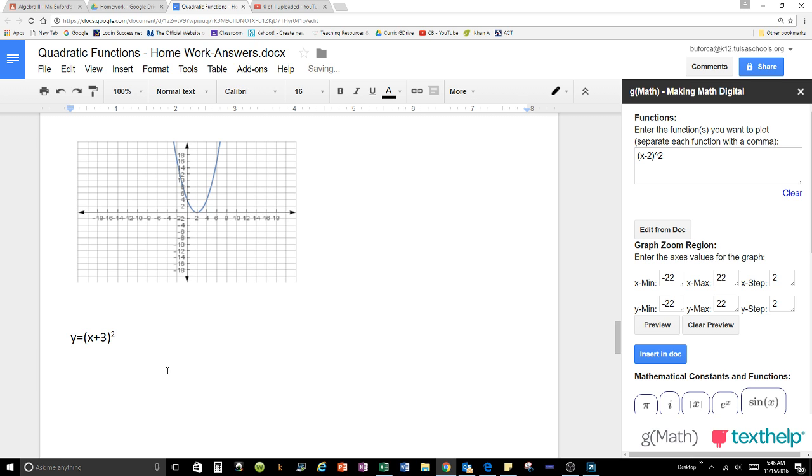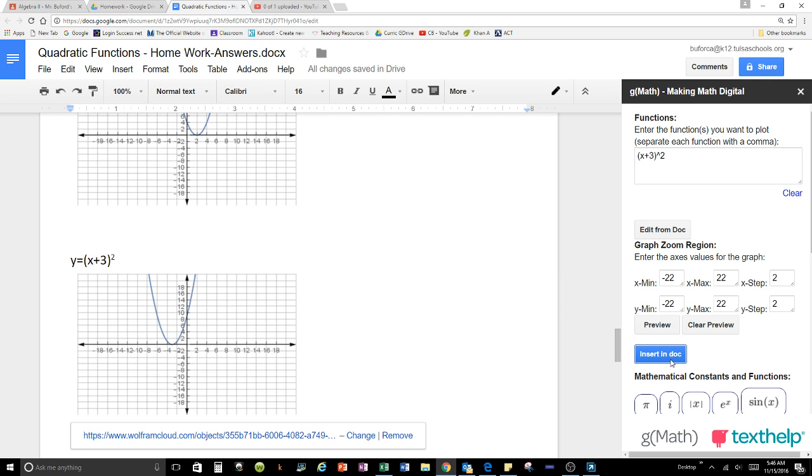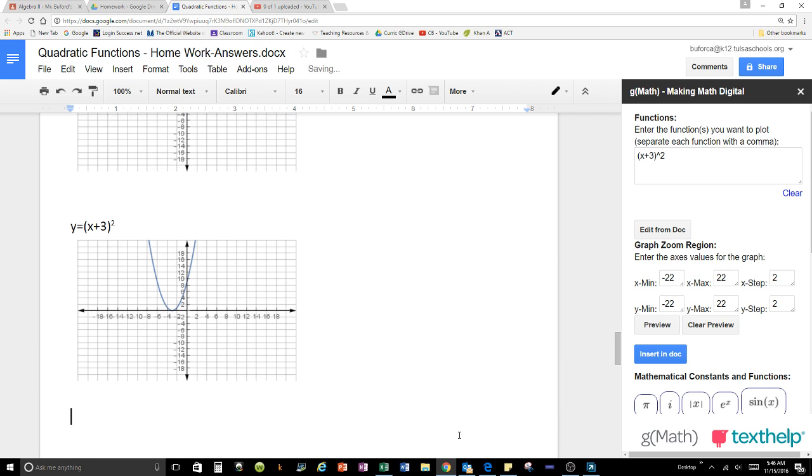So again, this is going to shift our parabola to the left. Come up here, we type +3, hit the insert dock. There we go. Shift us to the left 3, just as we had predicted.